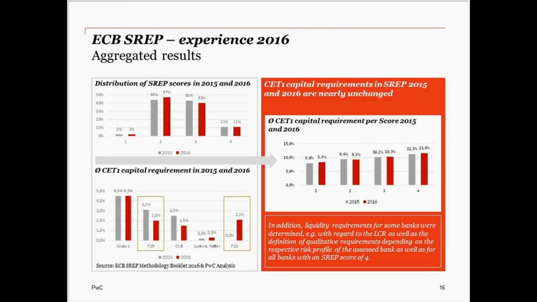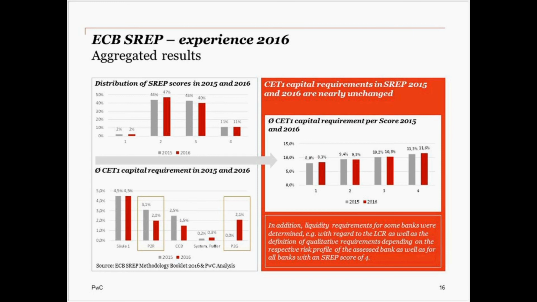What is the entire capital banks are given in the SREP? What is the experience in 2016? Overall, the capital requirements have been on a stable level from 2015 to 2016 as regards the SREP add-on. However, what we see is that there has been a shift, obviously, from P2R to P2G, which didn't exist back in 2015.